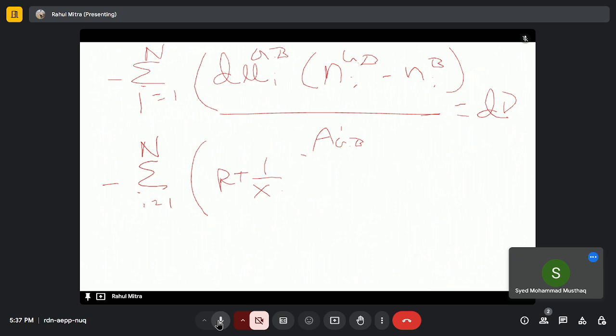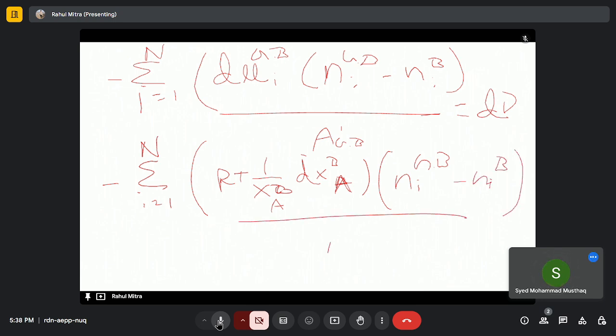So let me write it as XA bulk and dXA bulk times Ni DGB minus Ni B divided by area. So there's no dash here, so area equals to this.